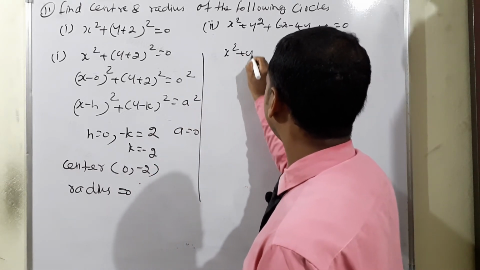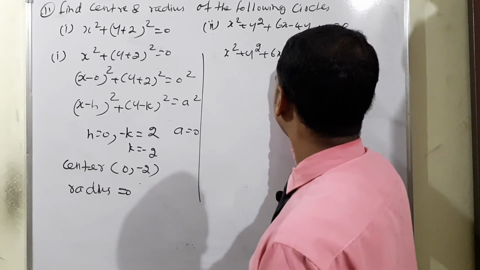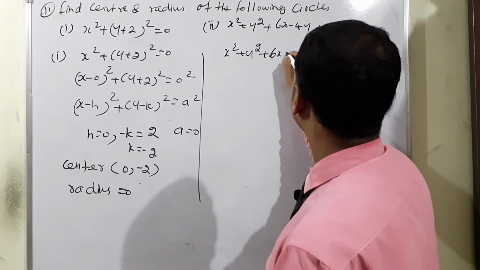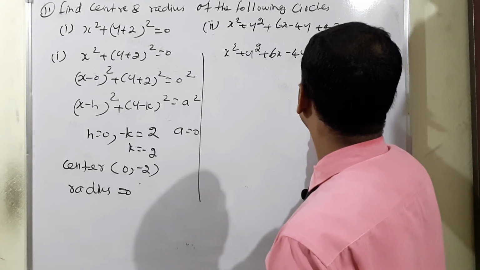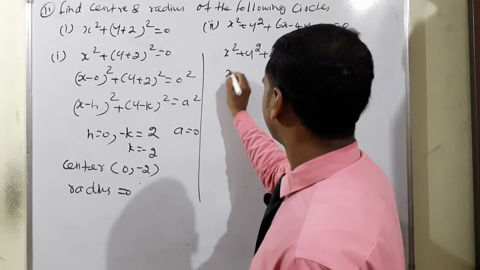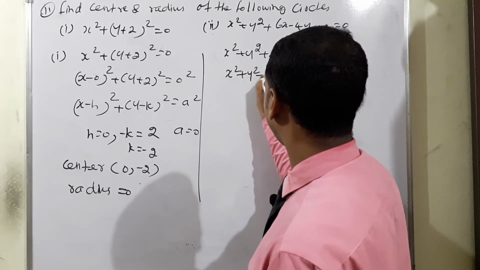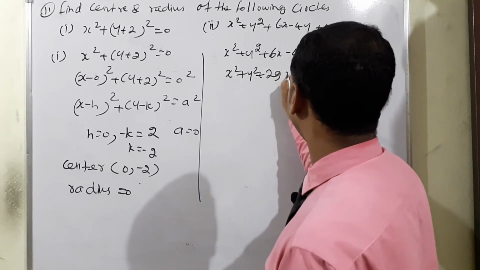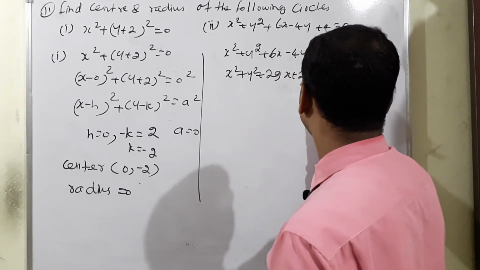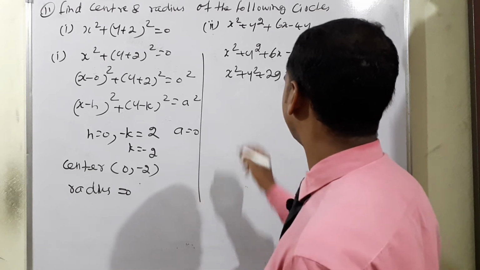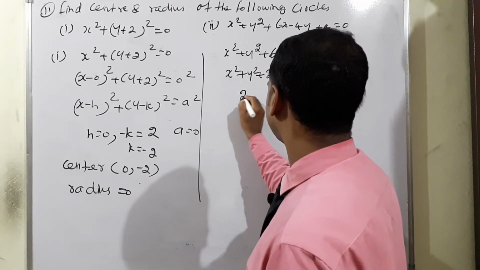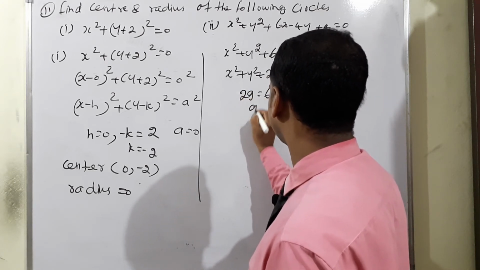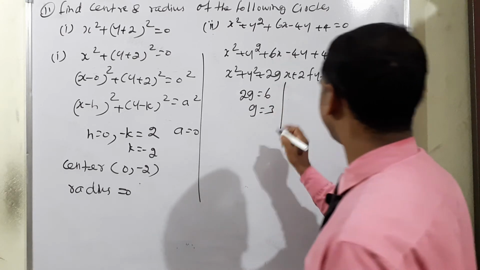x square plus y square plus 6x minus 4y plus 4 is equal to 0. Compare with x square plus y square plus 2gx plus 2fy plus c is equal to 0. Coefficient of x comparing means 2g is equal to 6 means g is equal to positive 3.